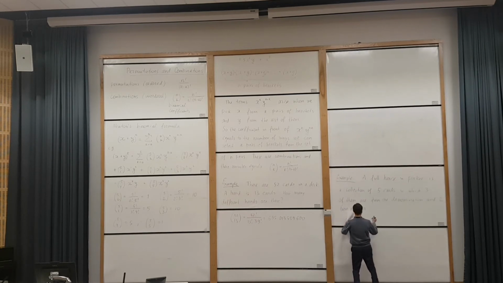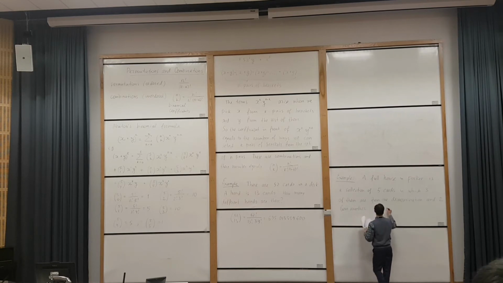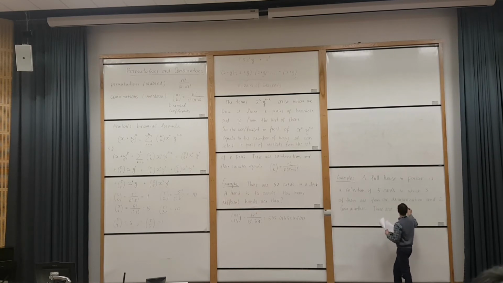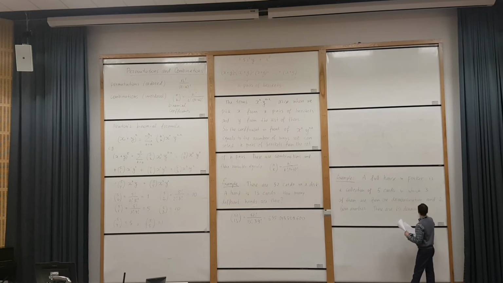There are 13 denominations, which are the usual numbers from 2 through 10, Ace, Jack, Queen, and King.